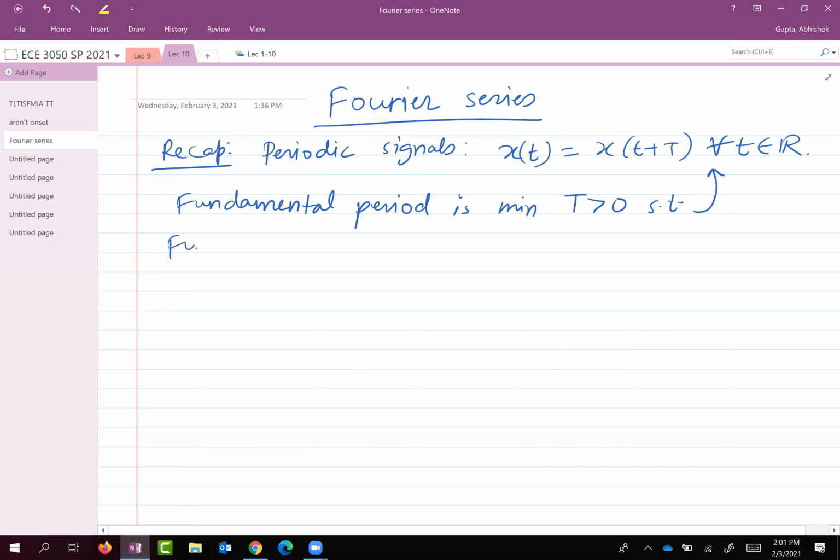The fundamental frequency is given by omega 0 equals 2 pi over capital T. This is all the stuff we had studied in lectures 2 and 3.